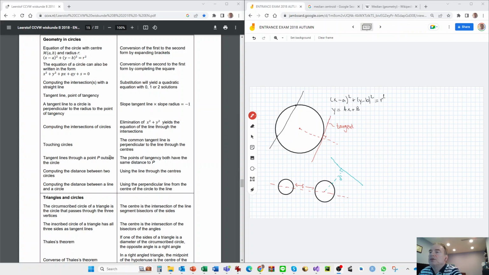Tangent lines through a point P outside the circle: the points of tangency both have the same distance to P. So if I would draw another tangent line here that goes through a point P, then it will have the same distance to the points. So these points of tangency here have the same distance to P.